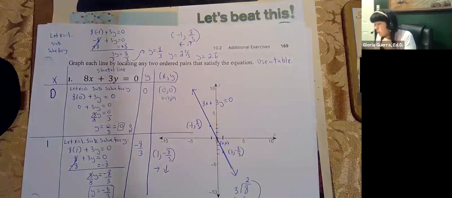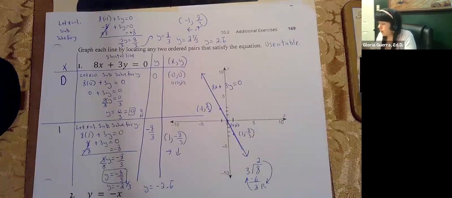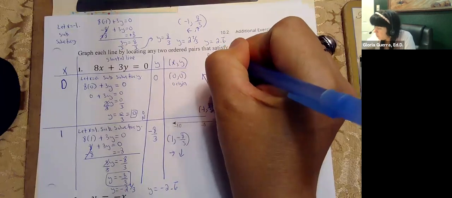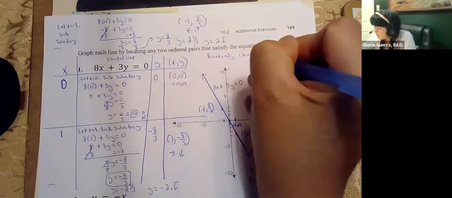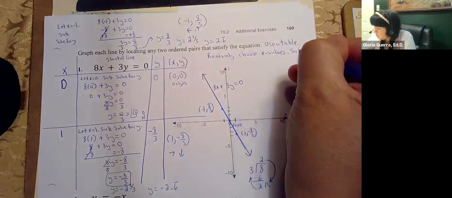Okay. So what your teacher does is randomly choose x values, and then we sub and solve for y.